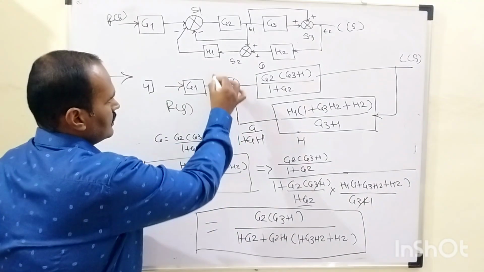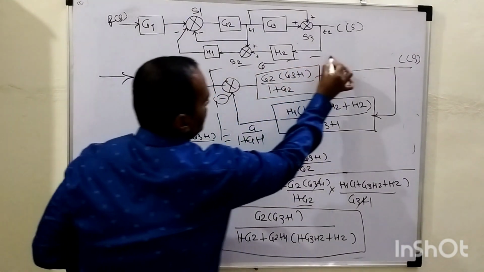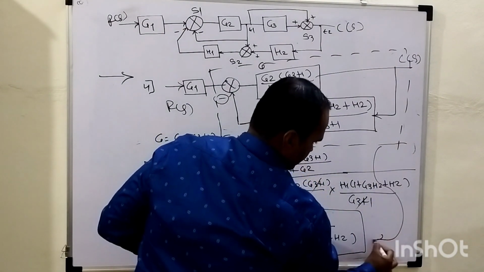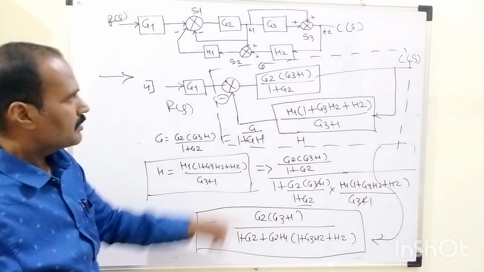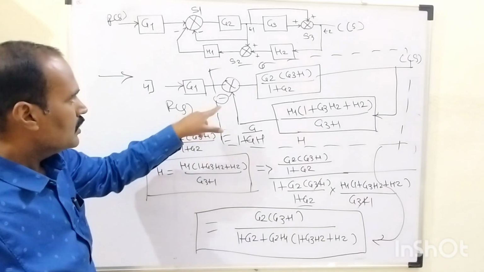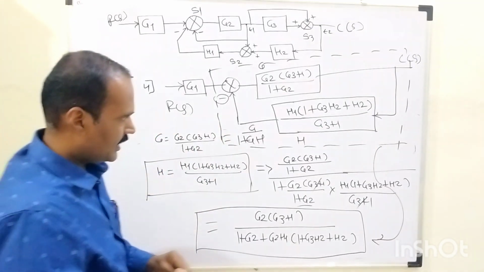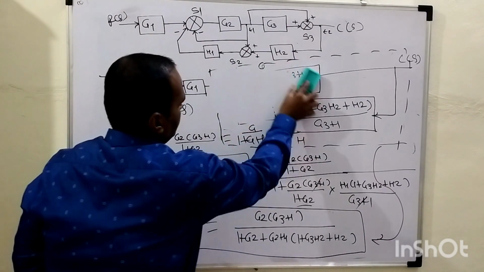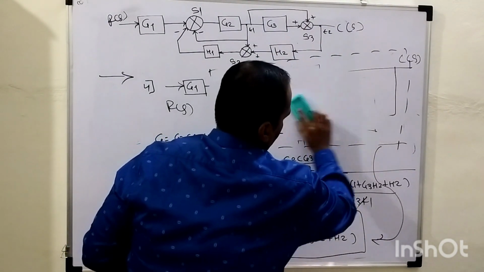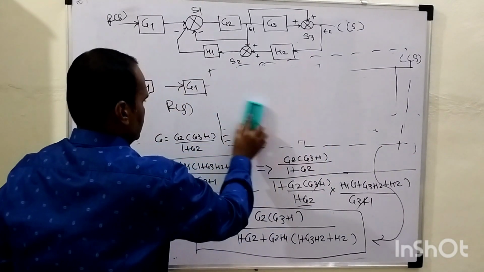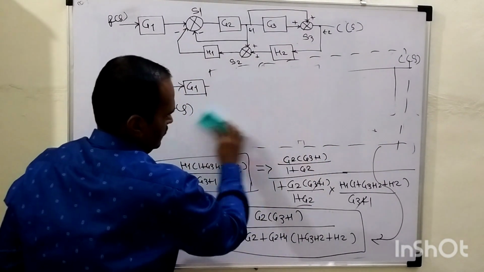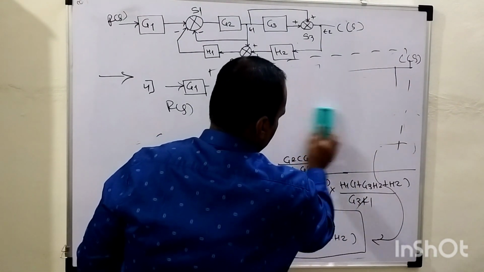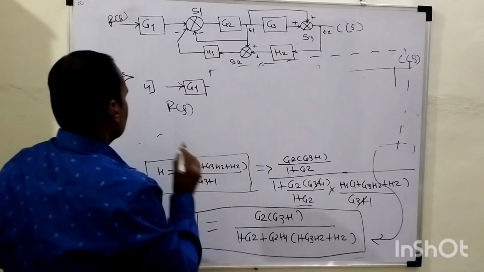Now at this stage, this entire portion is replaced with this rectangular box, because this feedback is being eliminated, right? So as a result of replacement, here I will write how it will look. This will be the last step, step number 5.